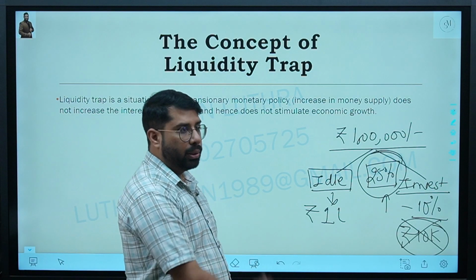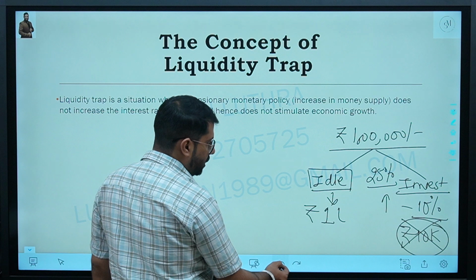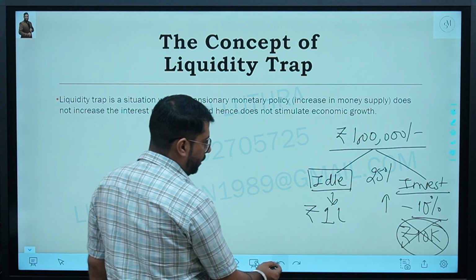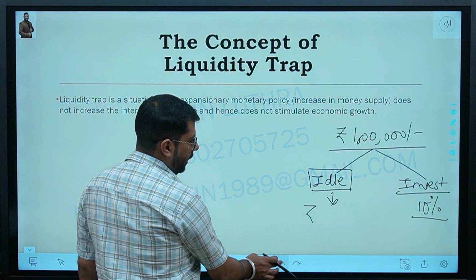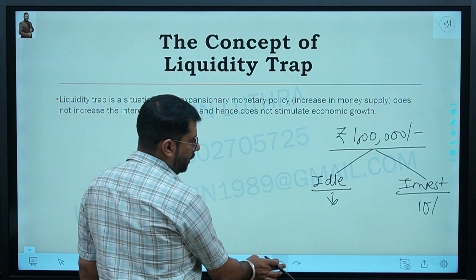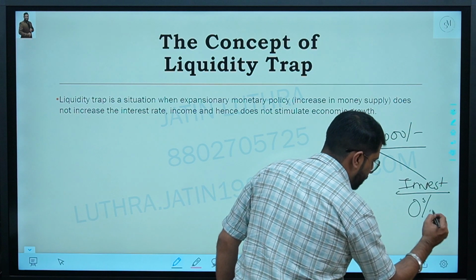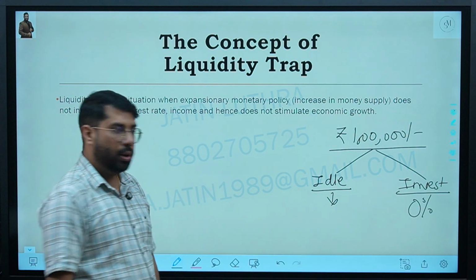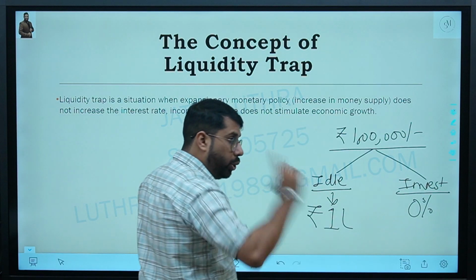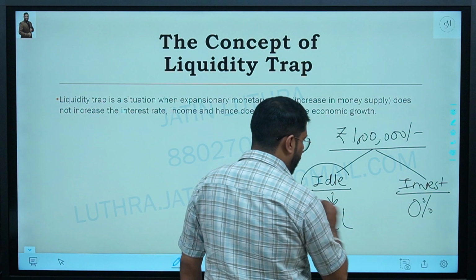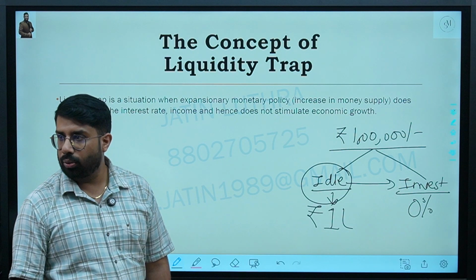Okay. Tell me one thing. If I reverse this situation, and what if I say that the rate of return is 0%. Will you take the risk to invest this money in the market? Yes or no?